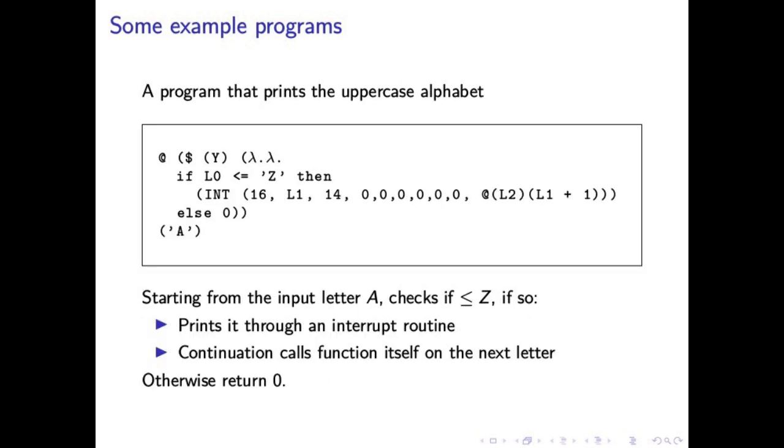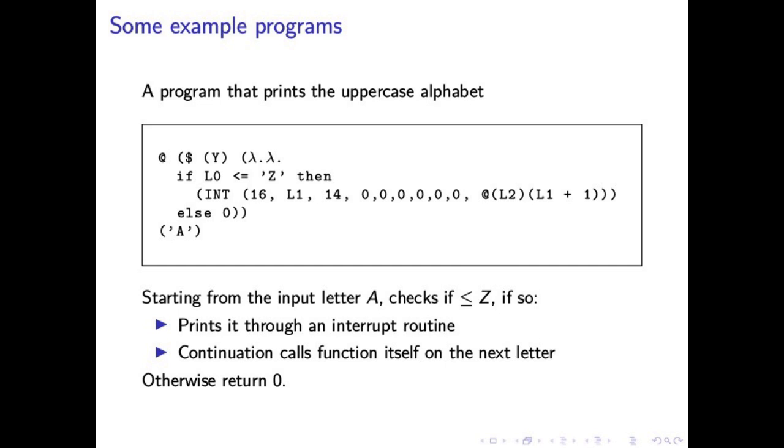The second program I would like to show prints the uppercase alphabet. It takes the letter A as a parameter and checks whether the parameter is less than Z, which of course A is, and if it is, it prints it using an interrupt routine, and as a callback, it calls itself on L1 plus 1, which in this case is the parameter plus 1.